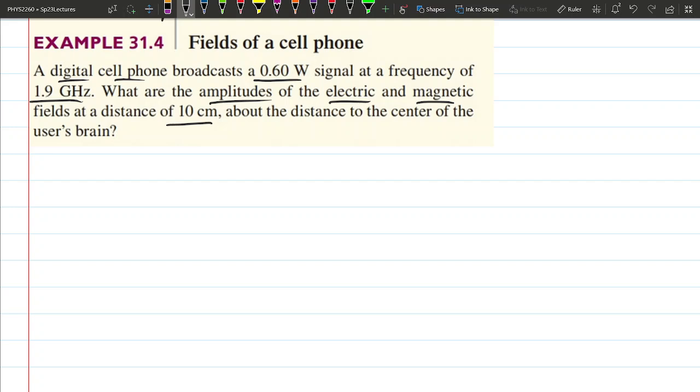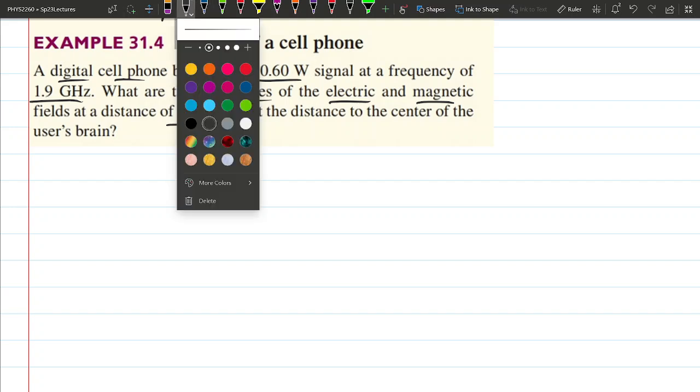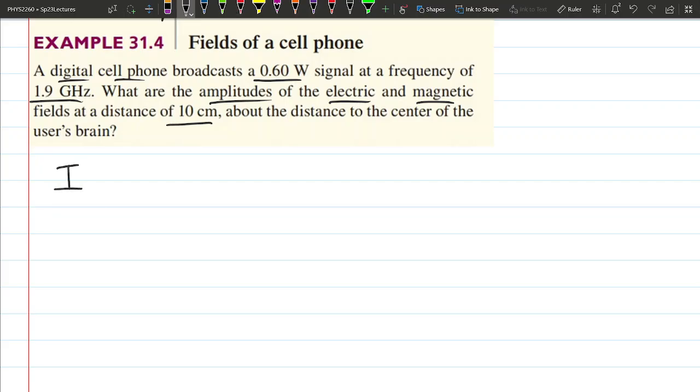Remember the intensity goes down as the power over 4 pi r squared, where r is 0.1, converted to meters.